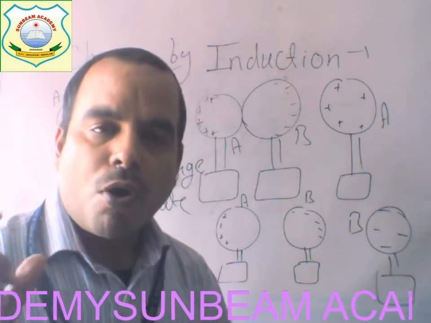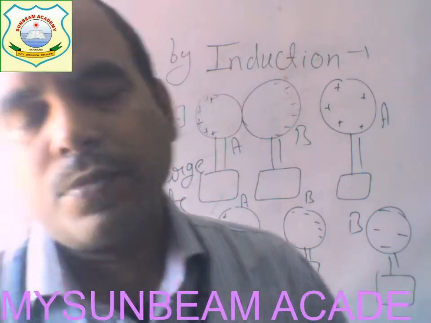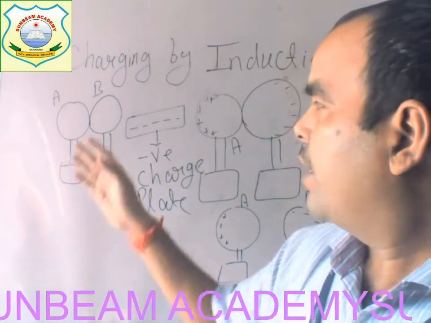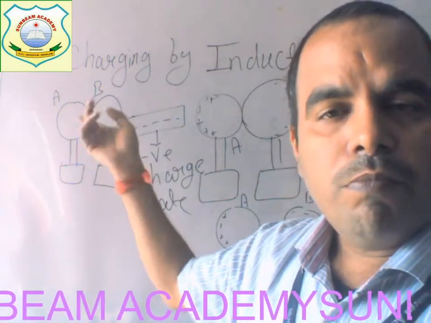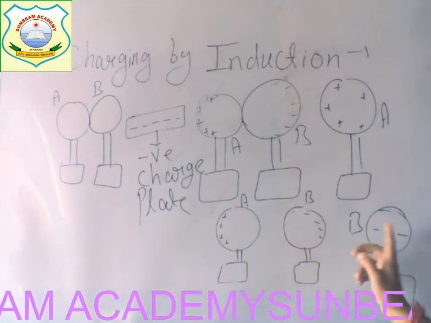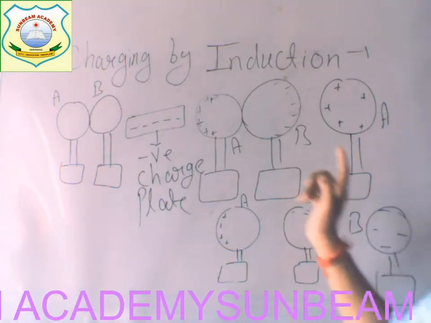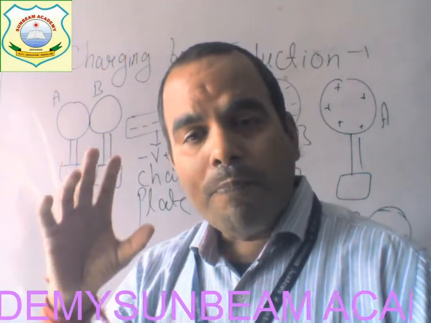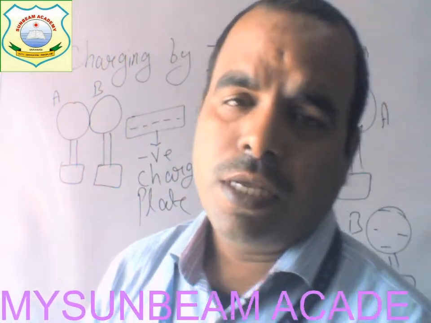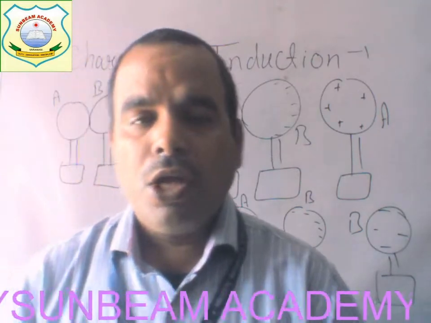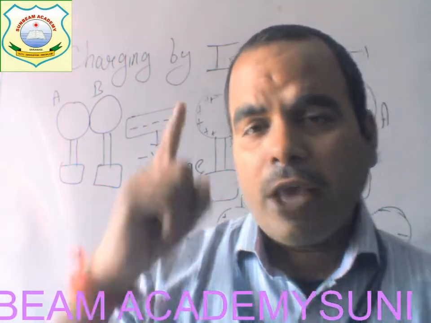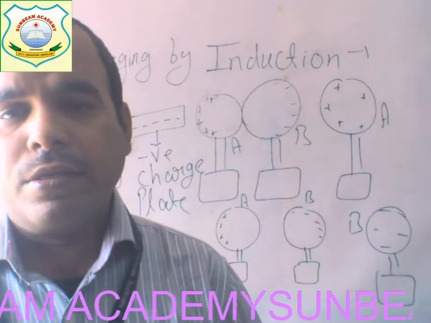What is the important thing here? We charge two objects A and B, positive and negative, but without touching. So the basic difference between conduction and induction is only one.